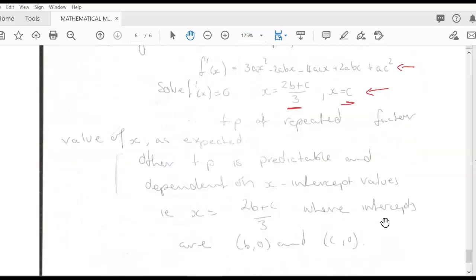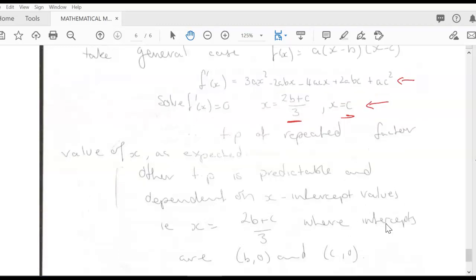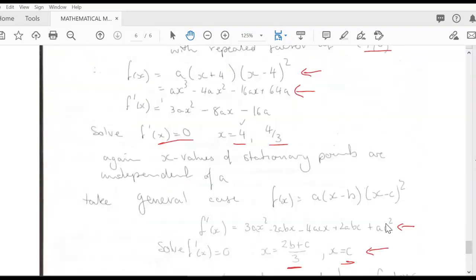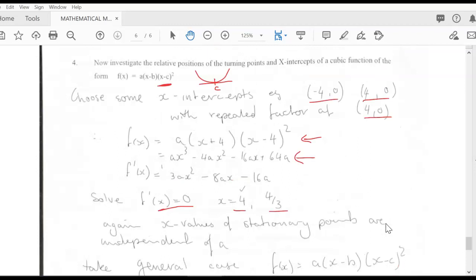All right, so your repeated factor, the value of x, is your turning point, which is what we knew. If we go back up here, we knew we'd have a repeated factor at x equals 4, or (4, 0). So that's why we got this one here.